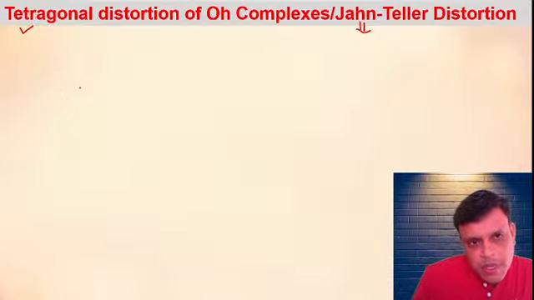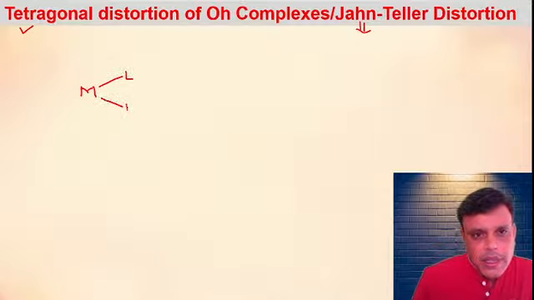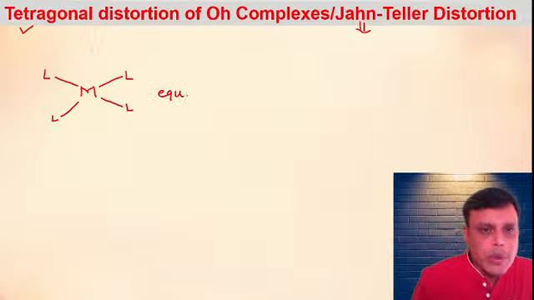Distortion means what? For example, suppose your metal is here and there are 4 ligands. Second ligand is here, third ligand is here, and fourth ligand is here. These ligands are called equatorial ligands.